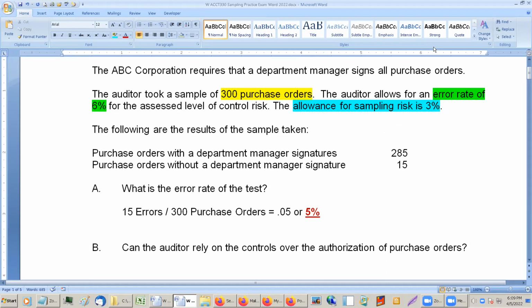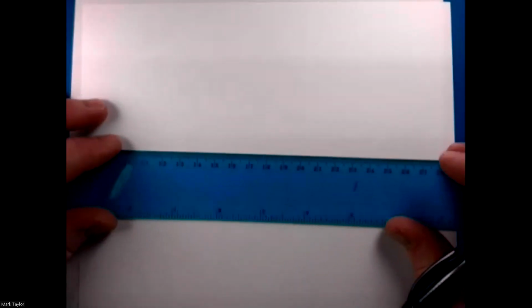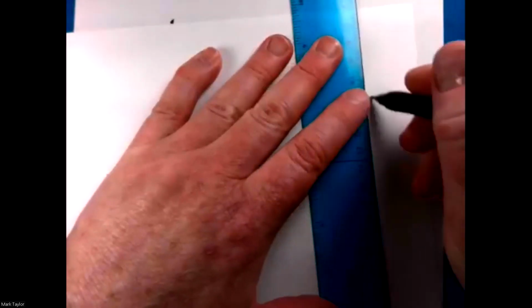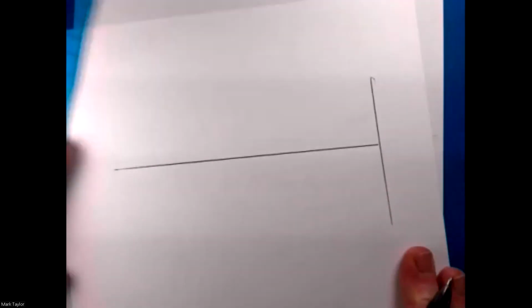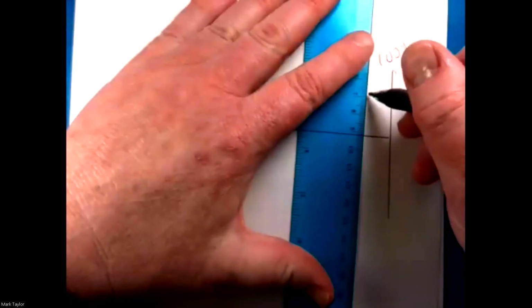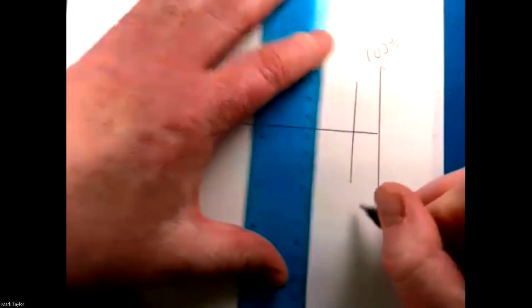So it's going to kind of look like, so if this is 100%, we're saying this is at 5%, and that's our best estimate.